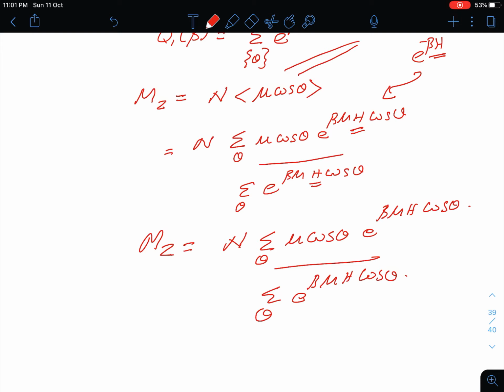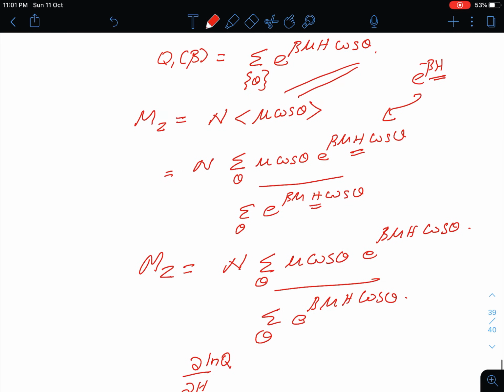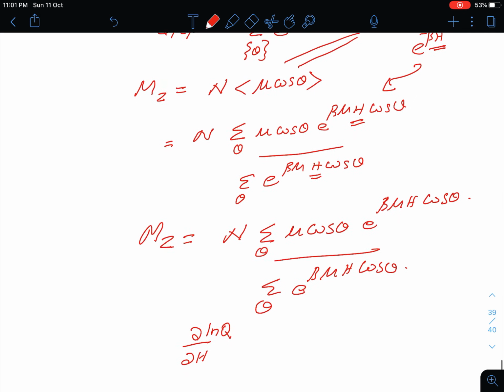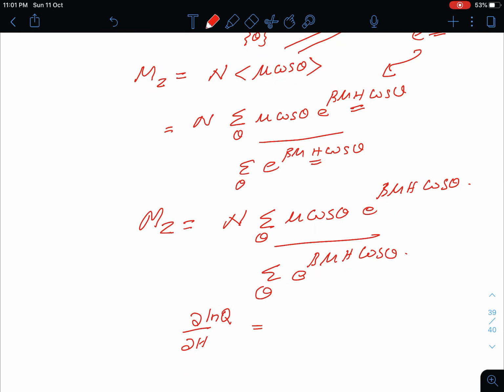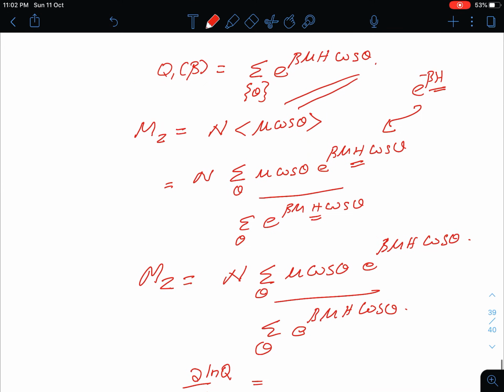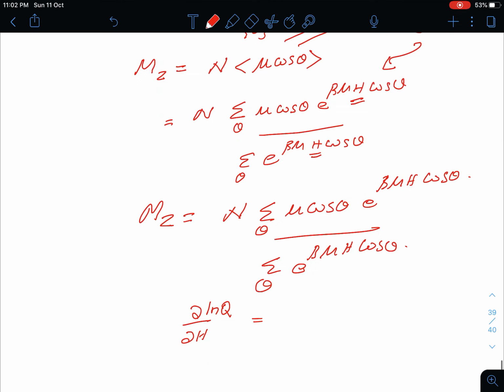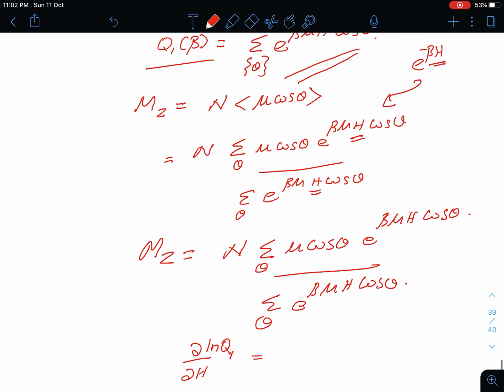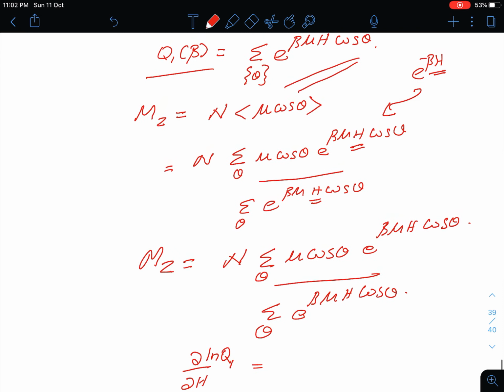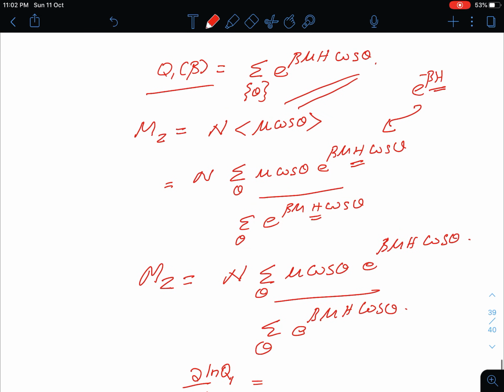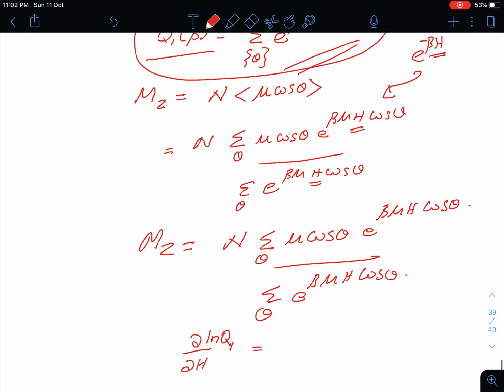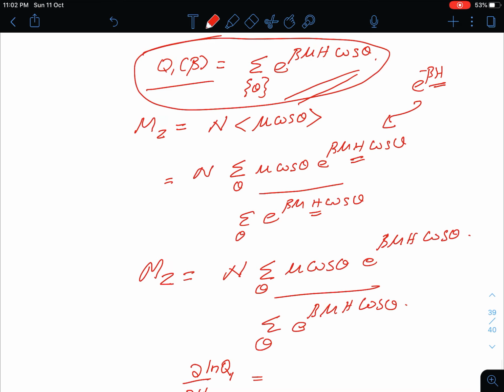Okay, so let us say let us look at dou by dou h of ln q. Okay, I was looking at sigma, so that is better. Dou by dou h of ln q. We know q1 is this, I mean ln of q1. So let us see what the derivative of this quantity is. Okay, q1 is equal to sigma theta e raised to beta mu h cos theta.